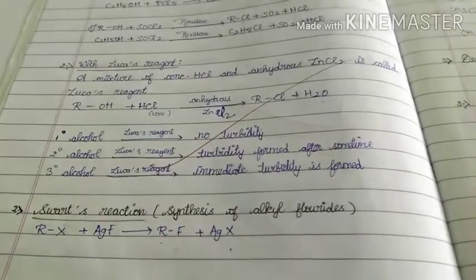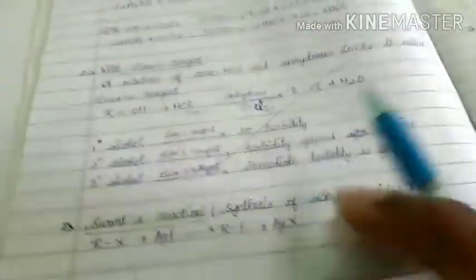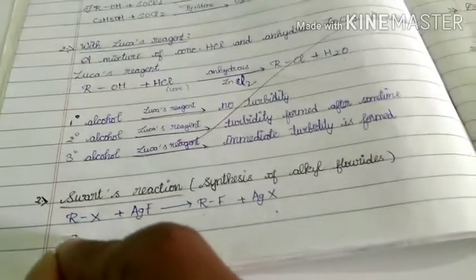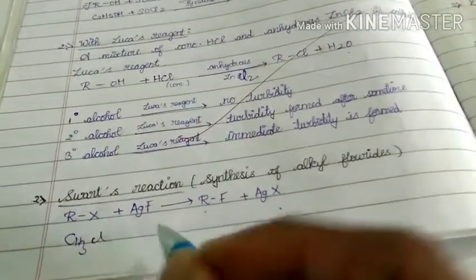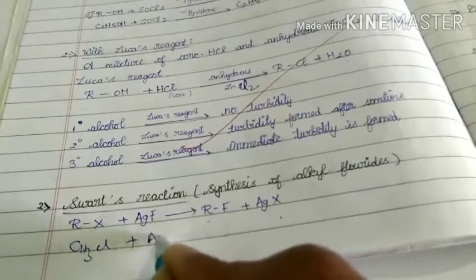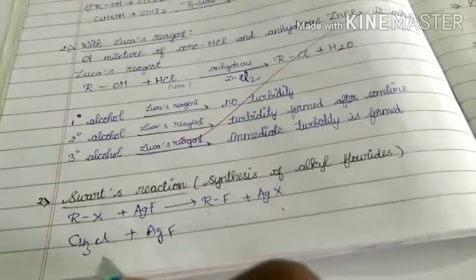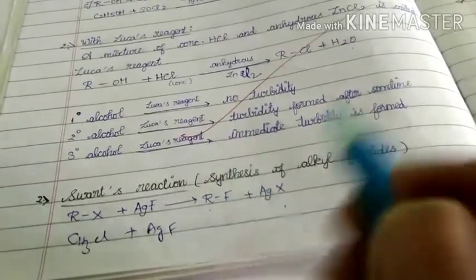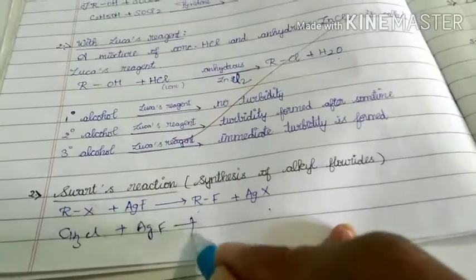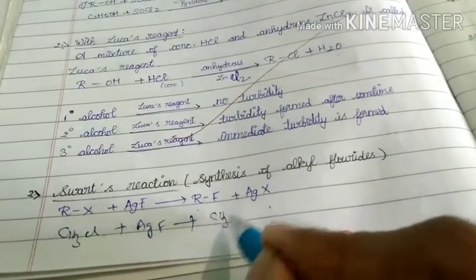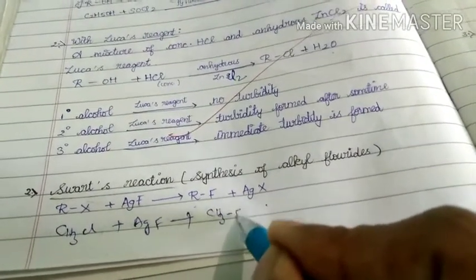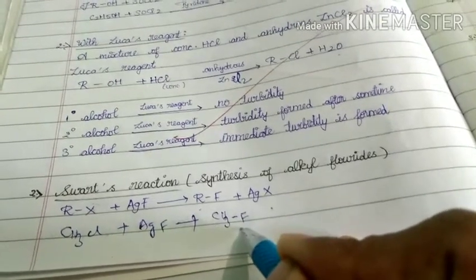Like that we can make alkyl fluoride. For example, you can write one equation: CH3Cl, or you can take C2H5Cl or C2H5Br or whatever it may be. Then we get CH3F, nothing but methyl fluoride.